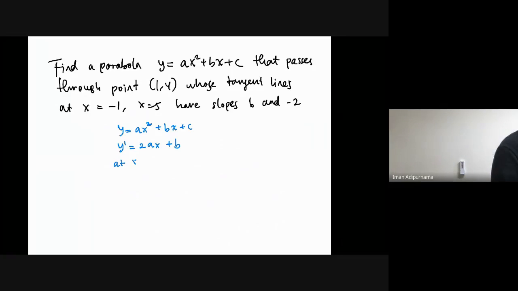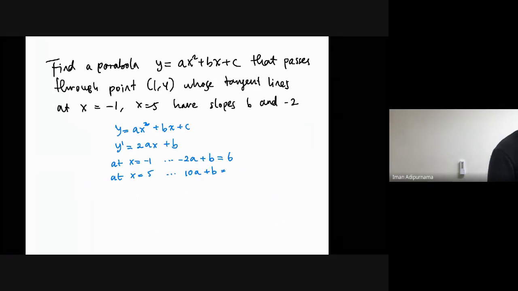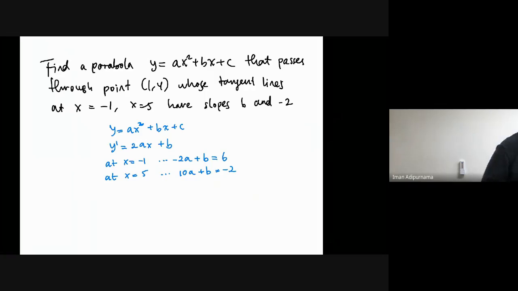So at x equal -1, it will be -2a plus b equals 6, and at x equal 5, it's 10a plus b equals -2. And then you can solve this for a and b.